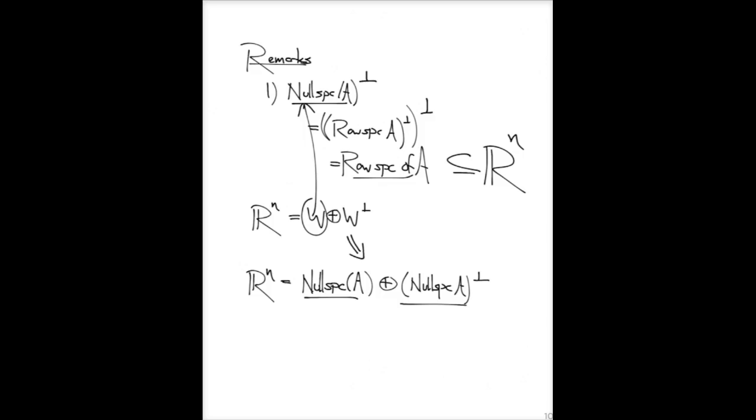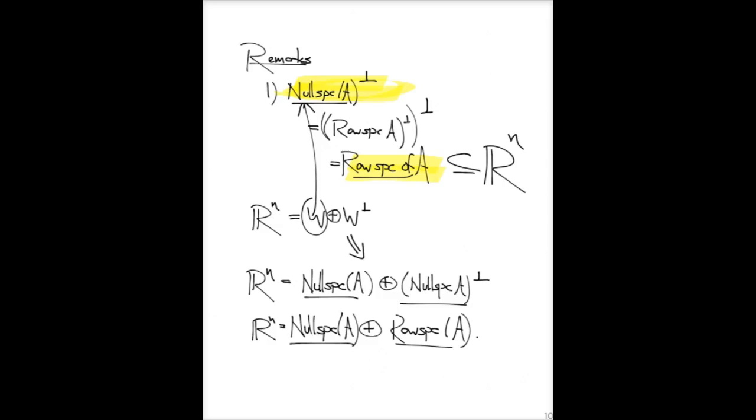But then from this remark up here, we know that the orthogonal complement of the null space of A is just the row space of A. So one more equality. Rn is the direct sum of the null space of A plus the row space of A. Now, what happens if we write down dimensions?